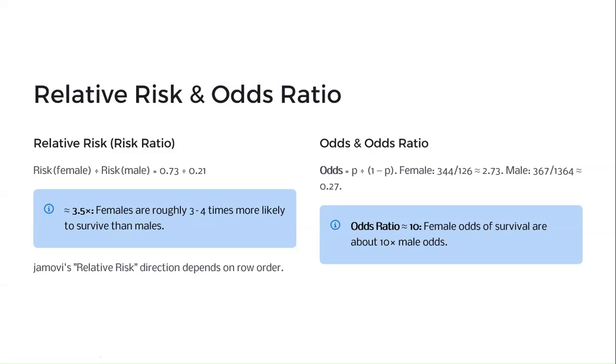The odds ratio compares these odds. 2.73 divided by 0.27 gives a value around 10. This means the odds of survival for females are roughly 10 times the odds for males. Odds ratios often look more extreme than risk ratios, especially when the event, like survival for women, is quite common.